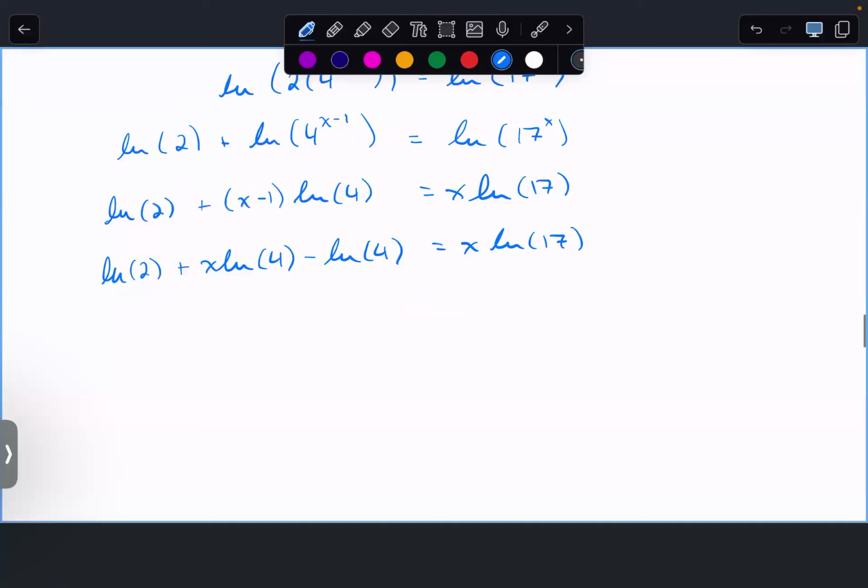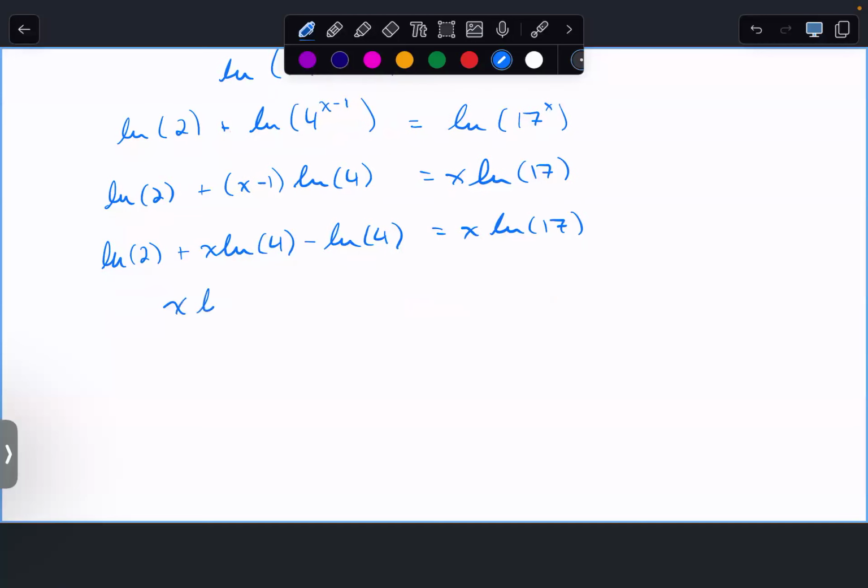That leaves me with x times the natural log of 4 minus x times the natural log of 17 is the natural log of 4 minus the natural log of 2, just because I don't want to have more negatives than I need to.